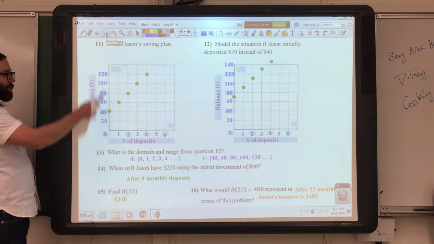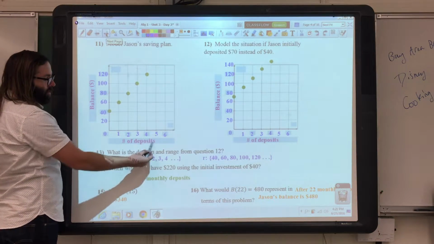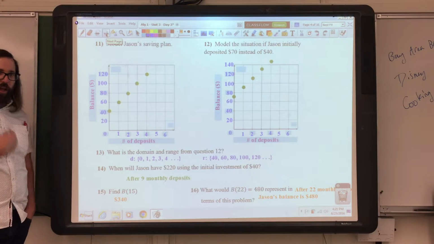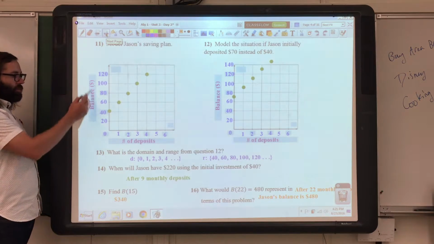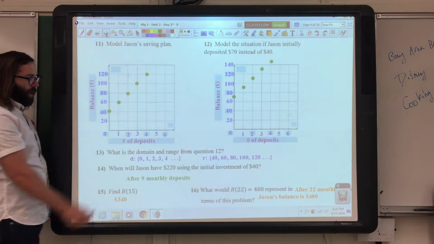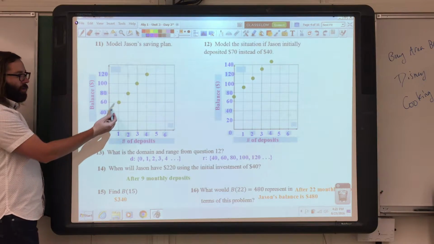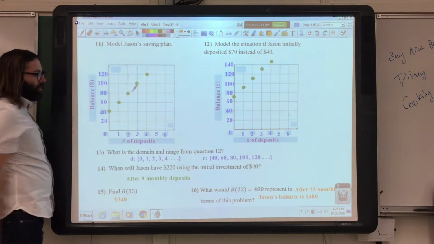So from that, you make your graph. The number of deposits is our independent variable. We change that. The balance depends on how many deposits we make. So we start at 40, we go up by 20 every time.